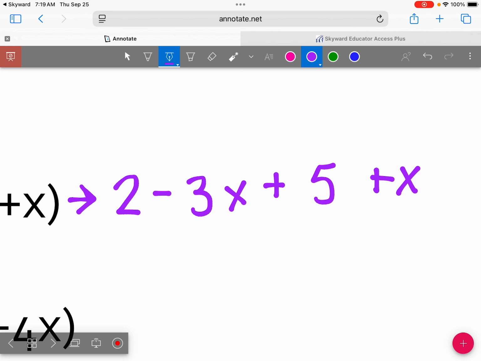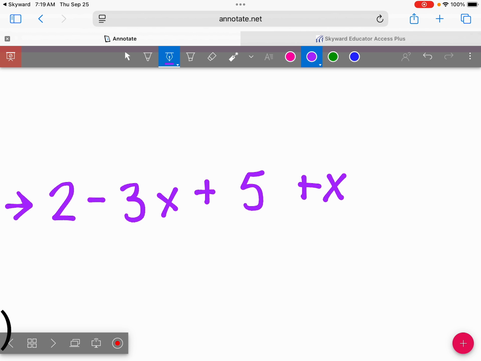What can we do now? Combine some like terms.